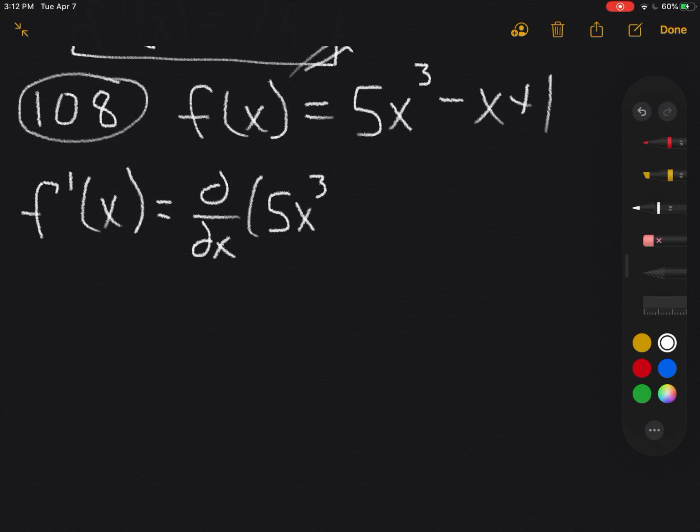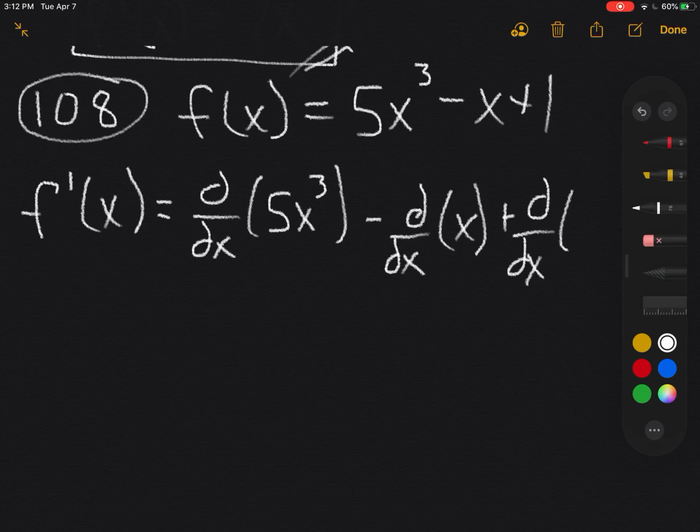So I could say f prime of x is equal to the derivative with respect to x of 5x cubed minus the derivative with respect to x of x plus the derivative with respect to x of 1.